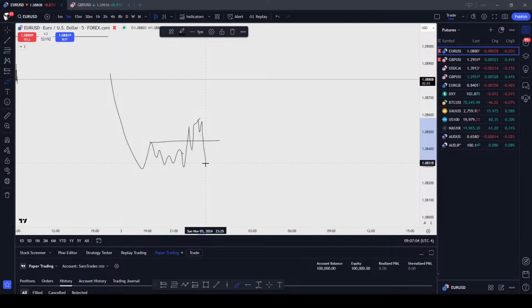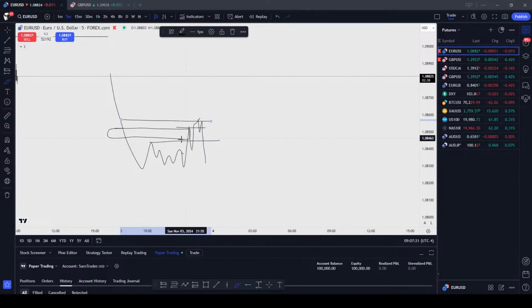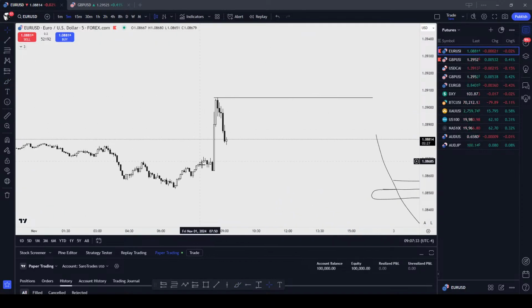This is just a schematic, but a second touch would be really nice, just to take out the early sellers, the ones that use POIs, this area, and also limit orders. They put the limit order right here, and stop loss, for example, above here. They'll get stopped out with the second move, and also the breakout traders are going to get trapped. That's why when it goes up like this, the first touch, I'm not going to touch it. I'm not going to go short suddenly because price has moved down a bit.